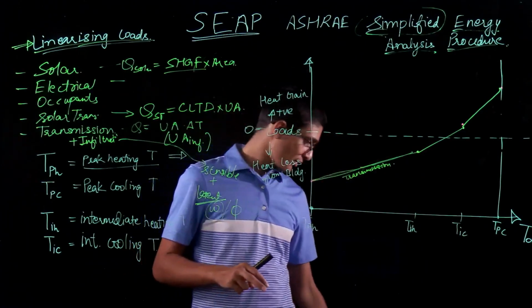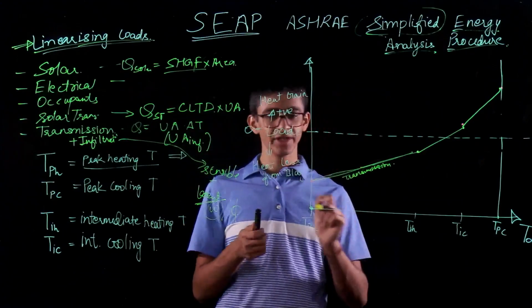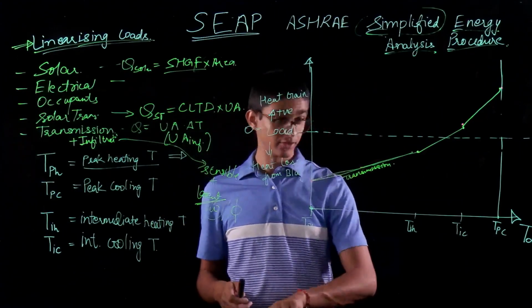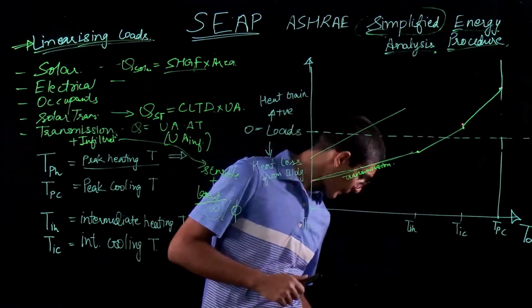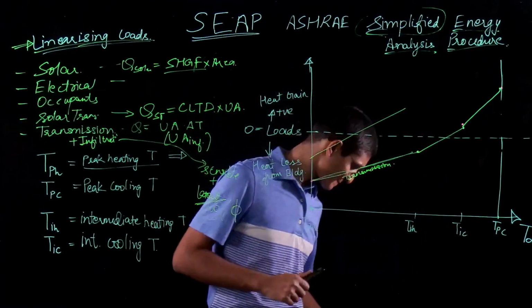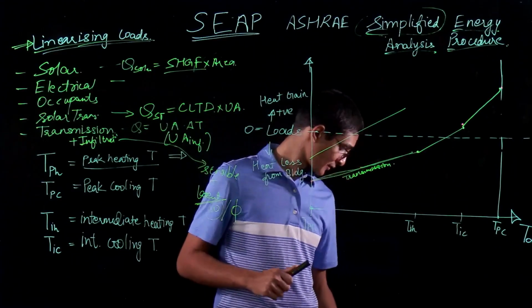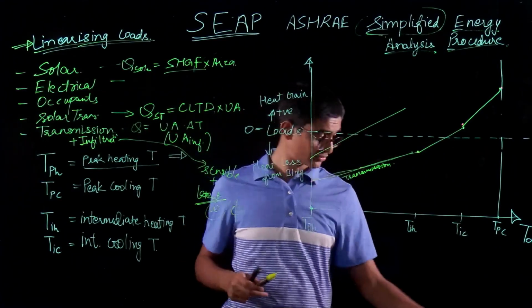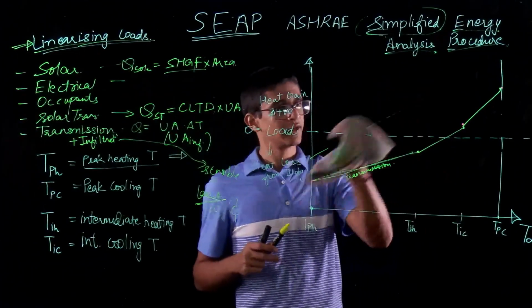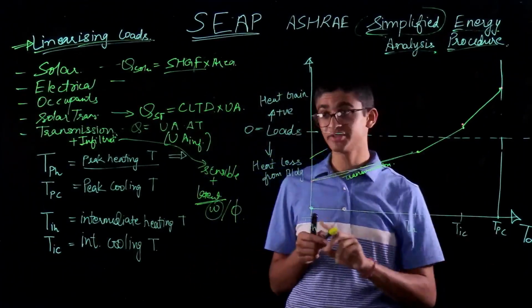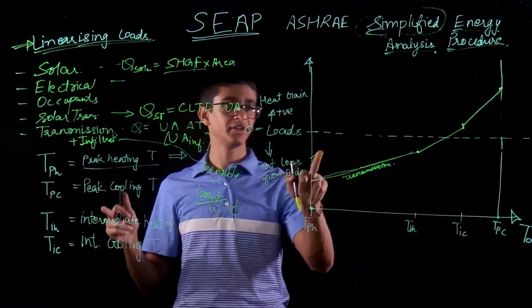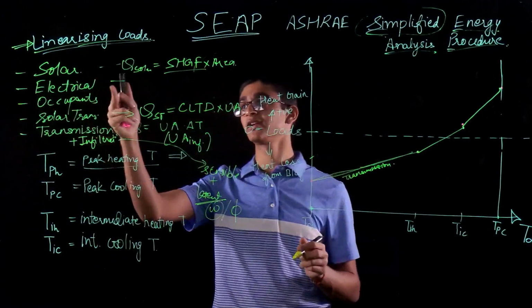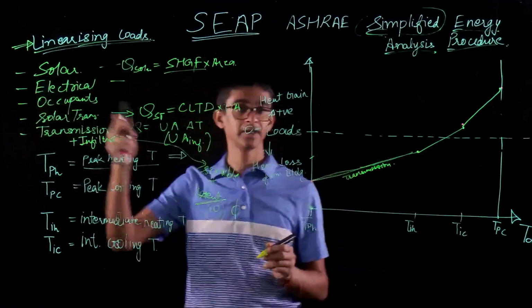Now, my internal loads could be again drawn like this. Sorry, that's not the internal load. Internal loads are always constant because these are the electrical loads and occupant loads, and they are always dependent on the average values of the electrical appliances used or the occupants inside.